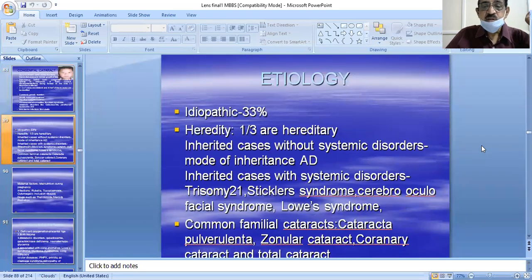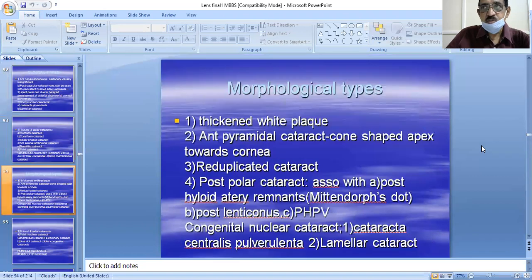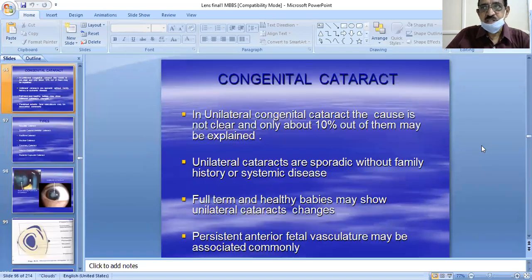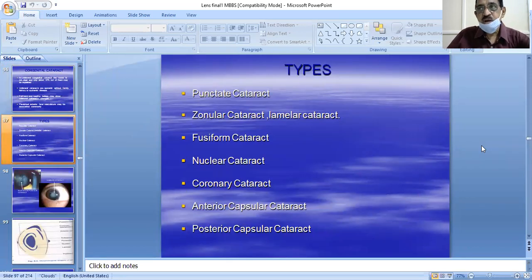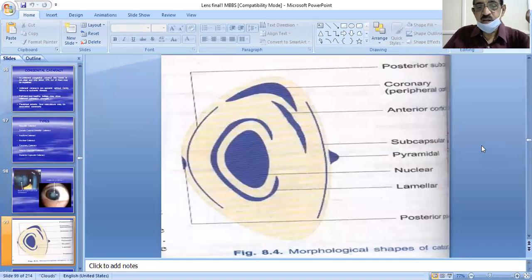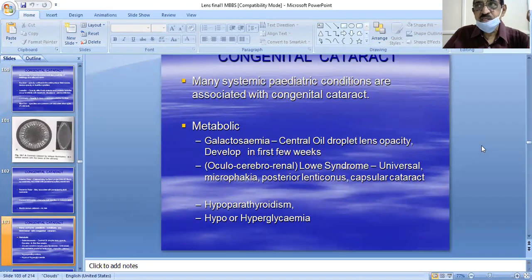Okay. So next, suppose the opacified posterior capsule is thick and we are not able to cut it with the YAG laser, or in the event of non-availability of a YAG laser, in such conditions we do it surgically.